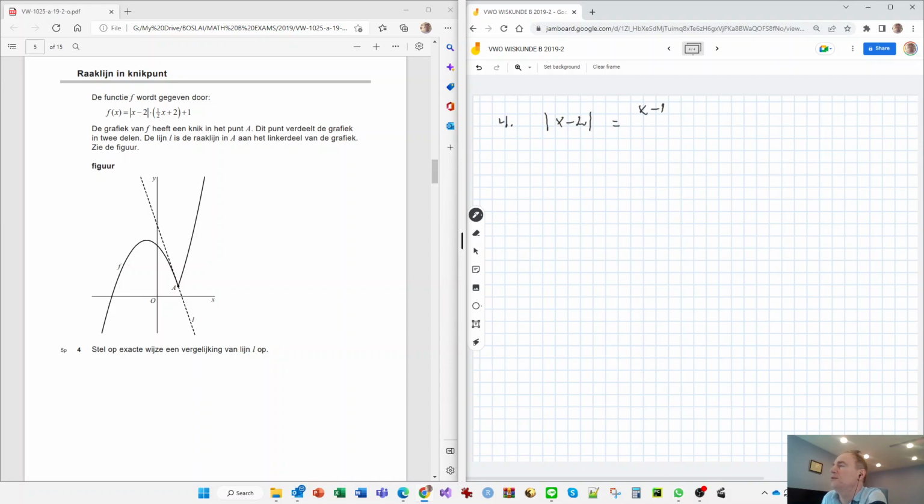x minus 2 if x minus 2 is greater or equal to 0, and negative that one if x minus 2 is less than 0.